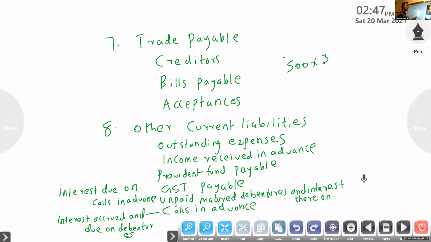For that also we will charge interest; suppose he says he will pay after one month. Interest due on calls in arrear is other current assets. So remember, calls in advance and interest due on calls in advance are other current liabilities.